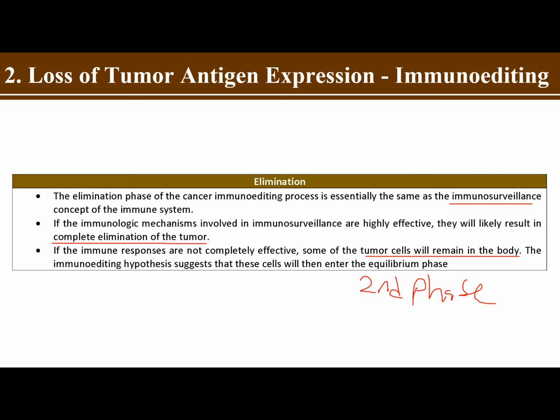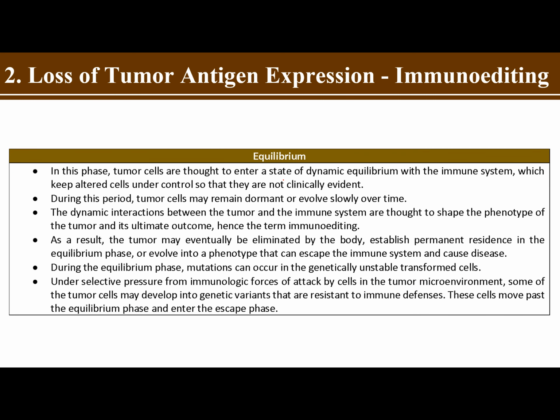In this phase, class, tumor cells are thought to enter a state of equilibrium. When you say equilibrium, class, they are living together. They are in balance with the immune system, which keeps altered cells under control so they are not clinically evident.